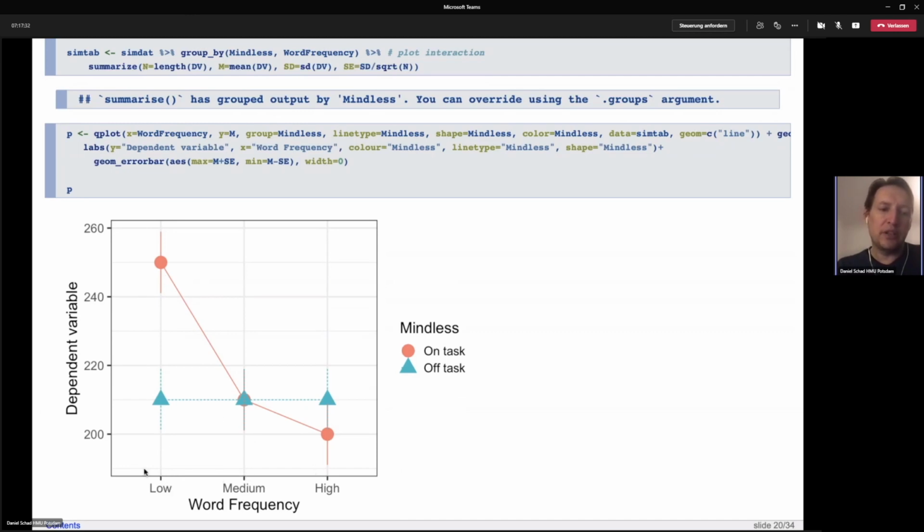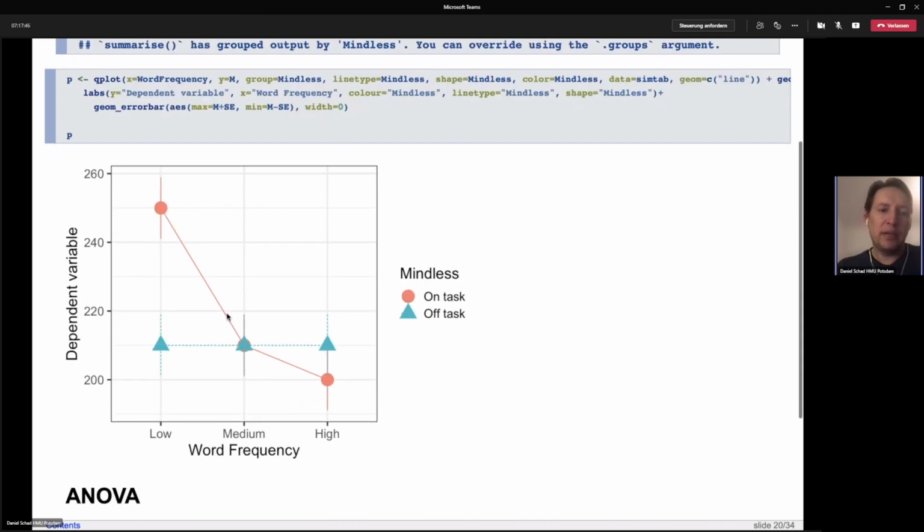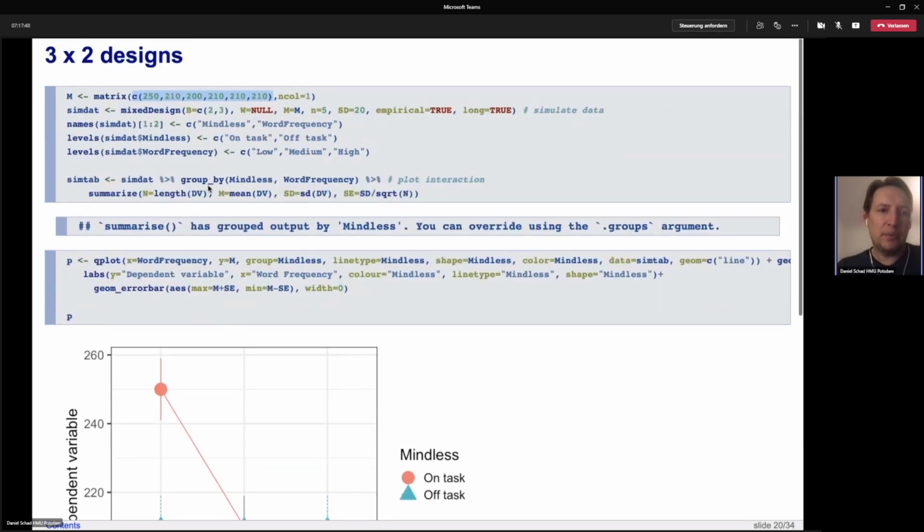So difficult, low frequency words take a long reading time, and high frequency words are fixated very shortly. But if you're not paying attention, these fixation durations are all the same, independent of the difficulty of the word. So this is the 2x3 design that I put up here. We again compute the summary statistic. Maybe we don't go into the details of the commands.